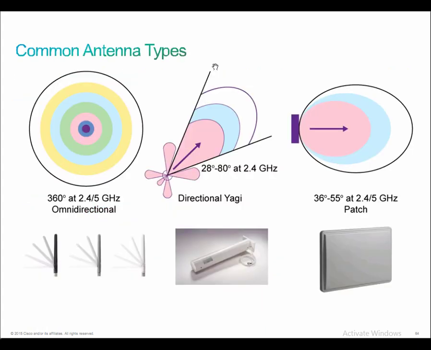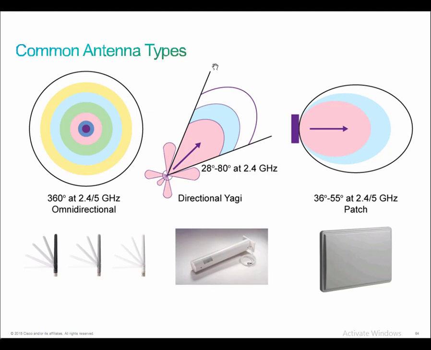There are two main families of antennas, omnidirectional and directional. Quite simply, omnidirectional antennas send the signal of the same strength in all directions. It's not obviously 100% omnidirectional, but it will send the signal in all directions. Directional antennas radiate energy in a particular direction.